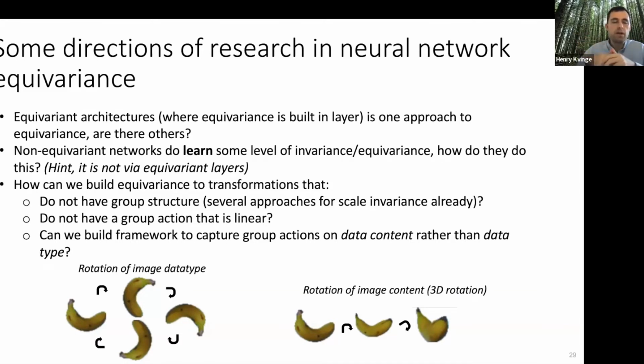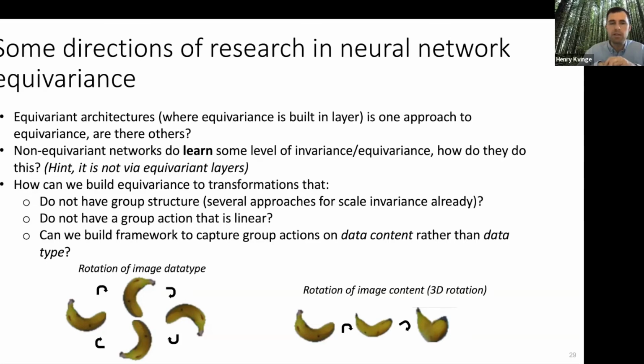As I've mentioned a few times, if you're just learning invariances, it would be really interesting to learn how that is actually happening naturally, and how different that is from our sort of hand-accomplished approaches. And then finally, there are a lot of groups that no one has studied, mostly because there's not an application for them.